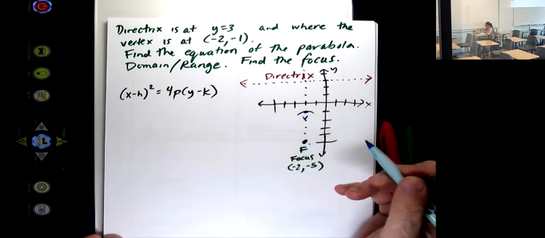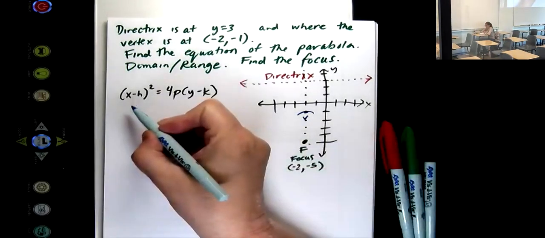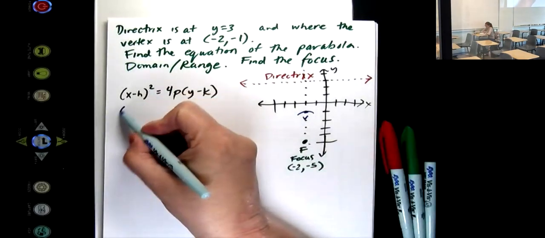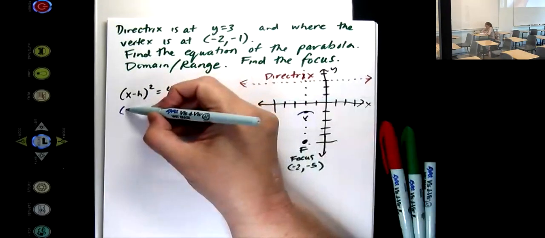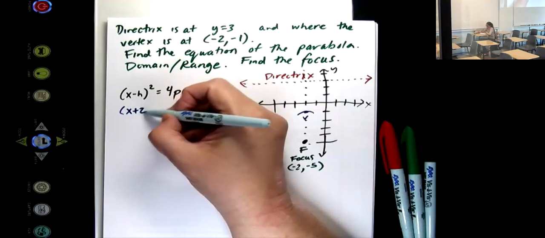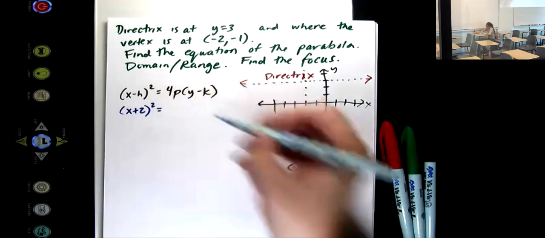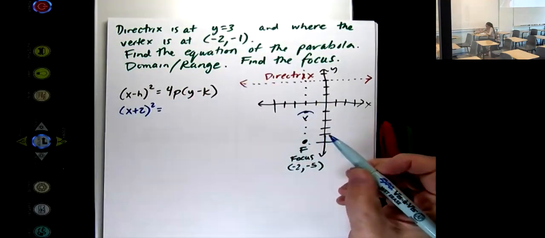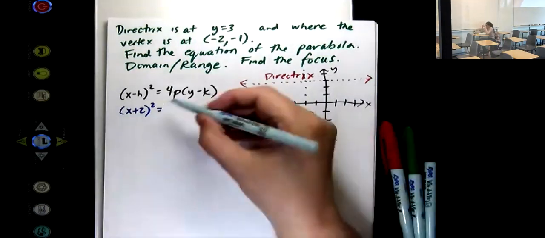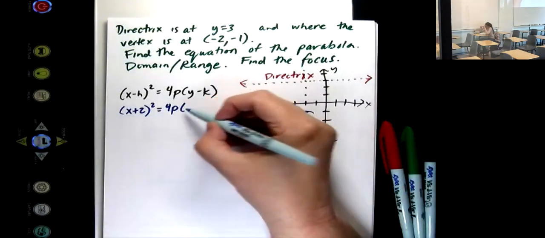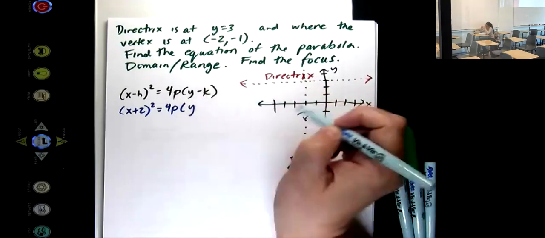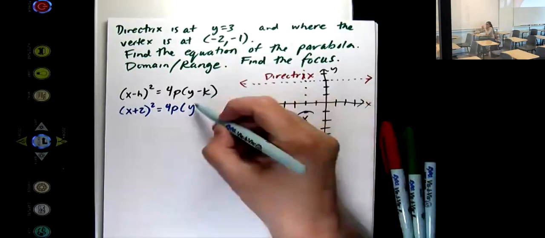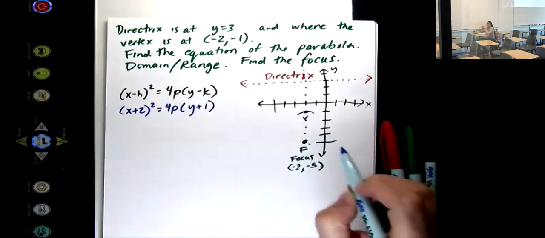Yep. So what will I have? X minus -2 is correct. So that makes it +2, right? Y minus -1 turns into y plus 1. All right, we're almost there.